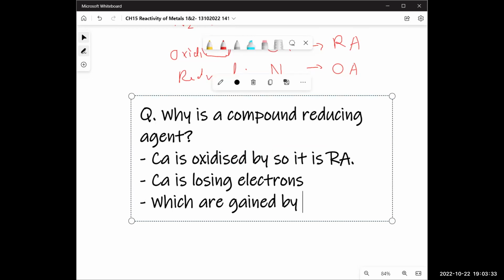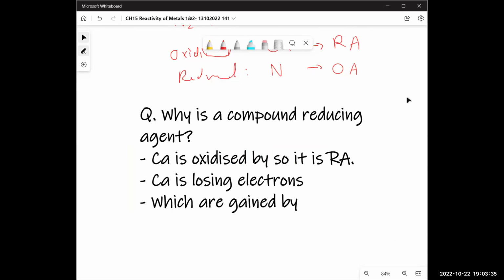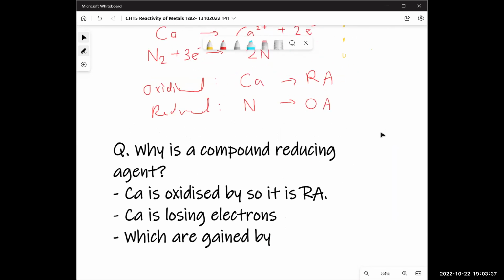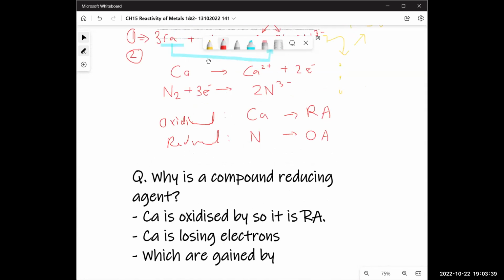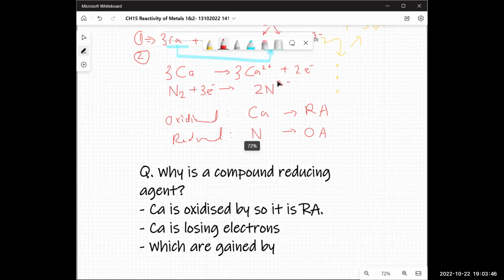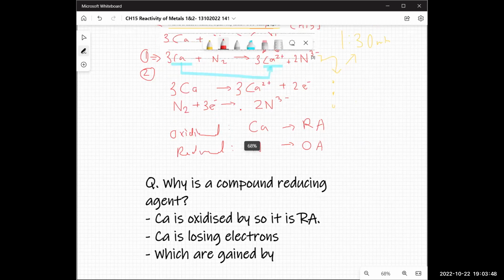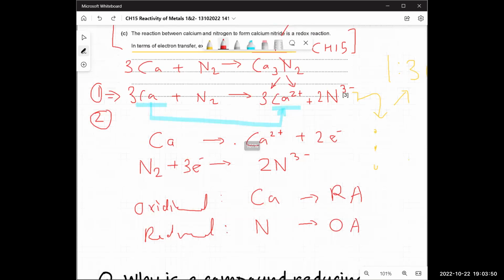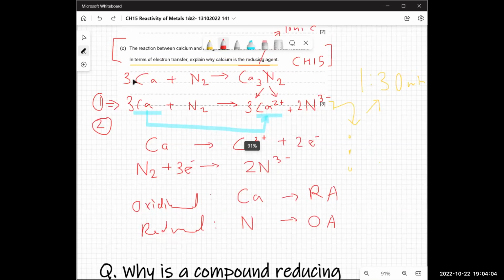Okay, these electrons which calcium is losing, what is gaining those electrons? The question is, look over here. If calcium loses electrons, they are gained by nitrogen. Electrons are basically shared between each other. If one loses, the other must gain. If one gains, the other must lose.